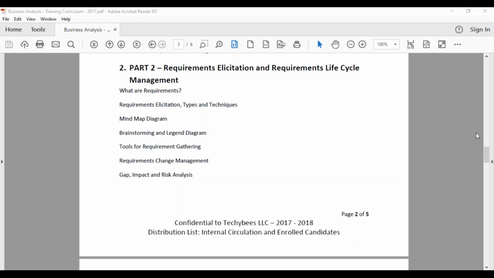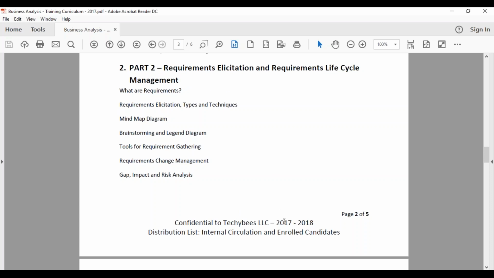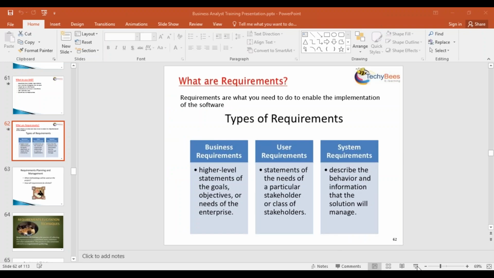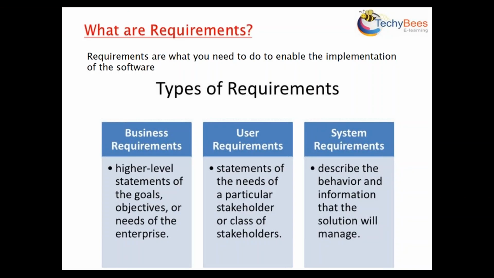So we'll see what are the different types of requirements, what is the definition of a requirement, and what are the different types of requirements. What are the different types of requirements, or what is the definition of a requirement?